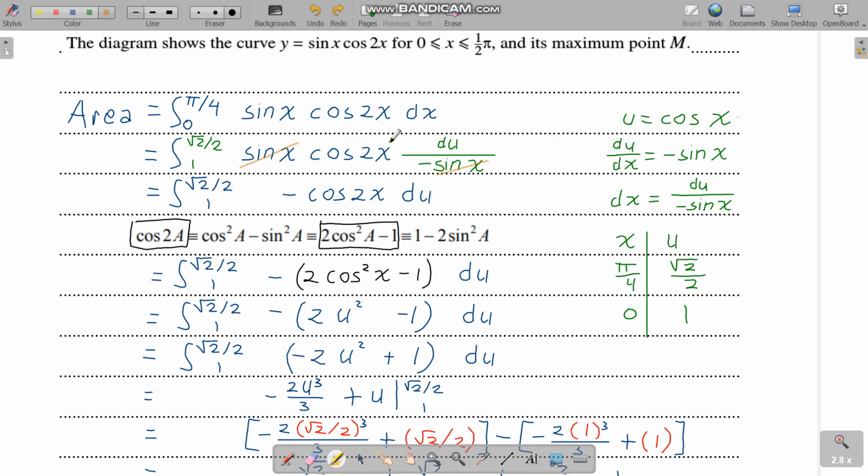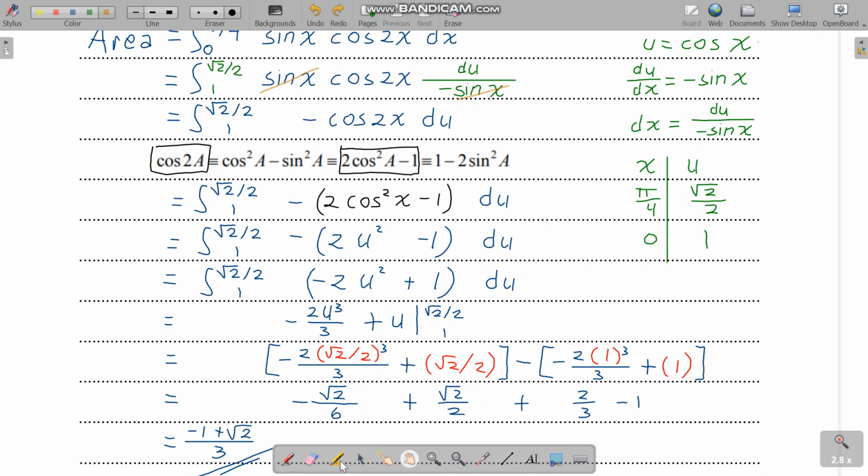So we cannot integrate if we still have x and u, so we have to make everything in terms of u. So now we use the cos double angle formula in the MF19. We use the one using cos, so we replace cos 2x with 2 cos squared x minus 1, and then remember that cos x is u, so this is actually u squared. Okay, so now everything is in u.